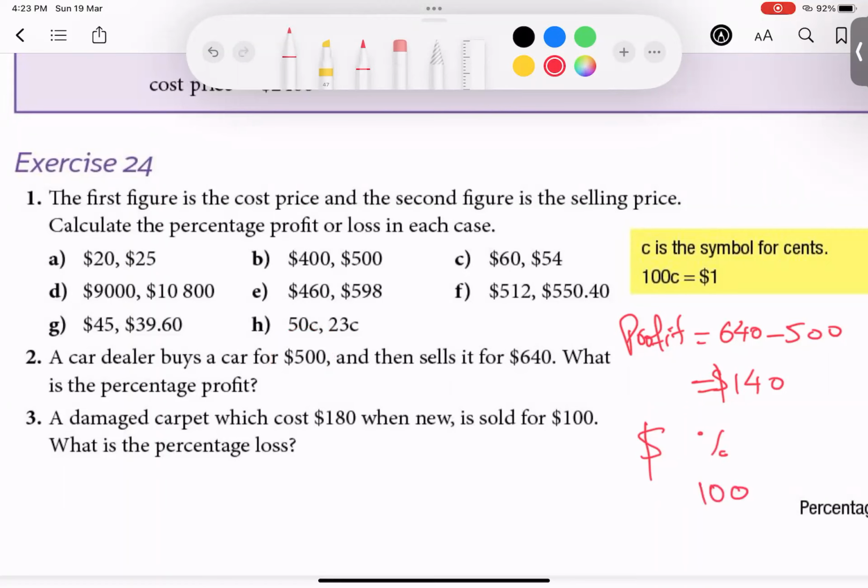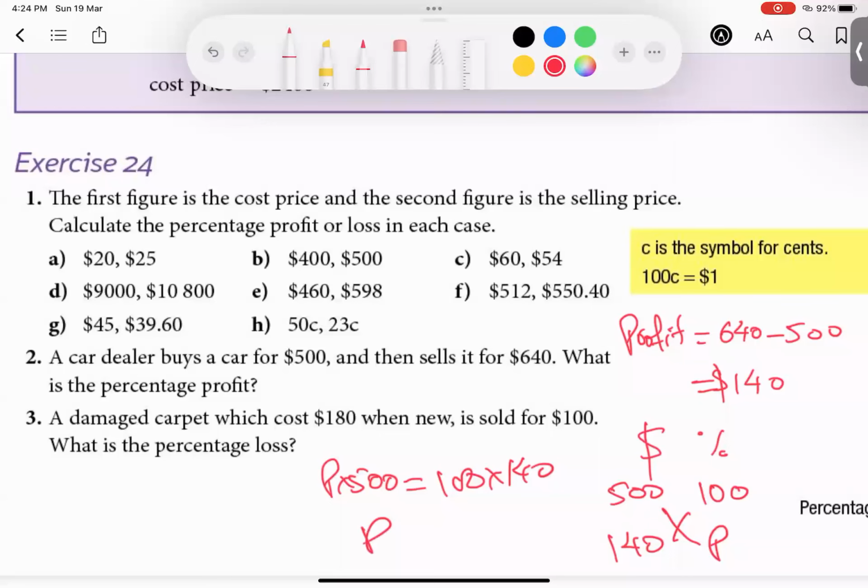So $500 is 100%, and I want to find how much percentage the 140 profit is. So P for profit, and cross multiply. P times 500 is equal to 100 times 140.